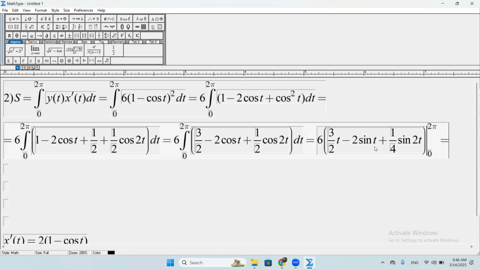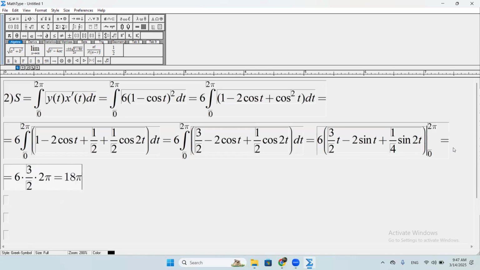So what about this sine of t and sine of 2t? They will be 0 if we substitute either 2p or 0. So only the first addend is interesting for us: 6 multiplied by 3 over 2 and multiplied by 2p. So the answer will be 18p.